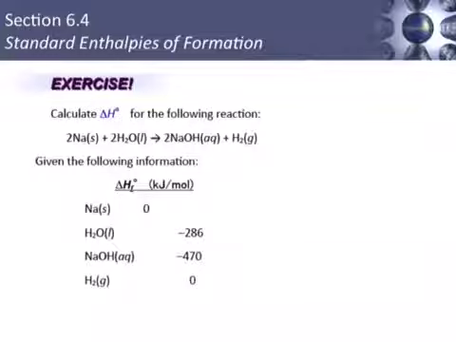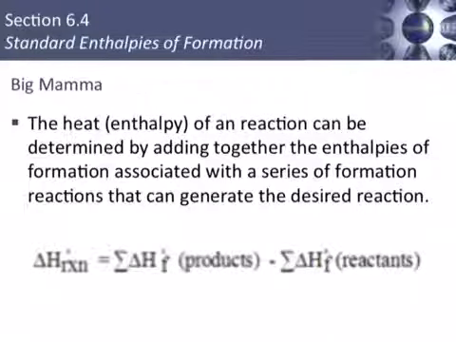All right, so next we're going to talk about Big Mama. And Big Mama says that the heat of a reaction can be determined by adding together the enthalpies of formation associated with a series of formation reactions that generate our reaction.